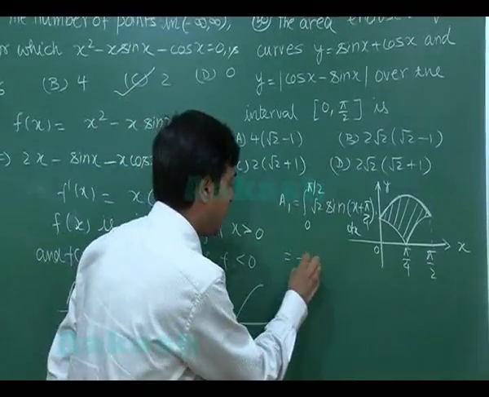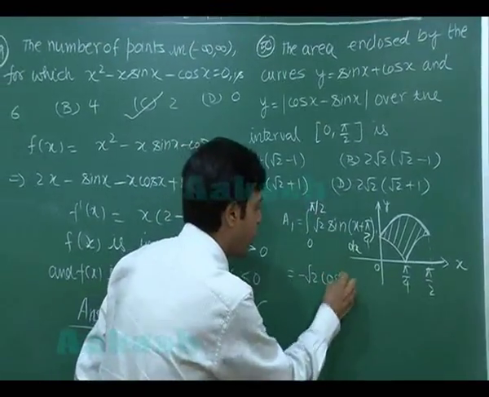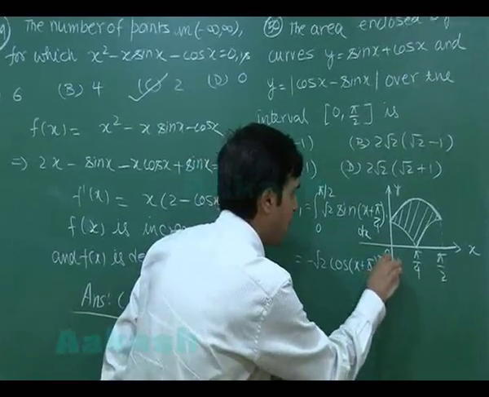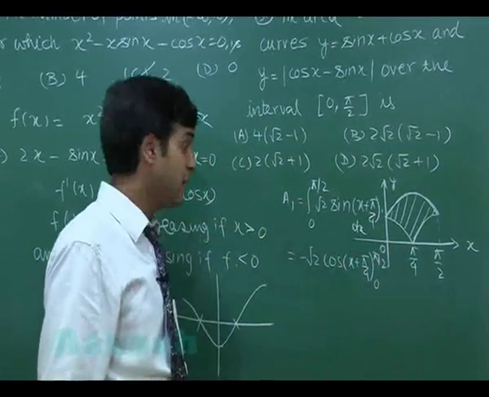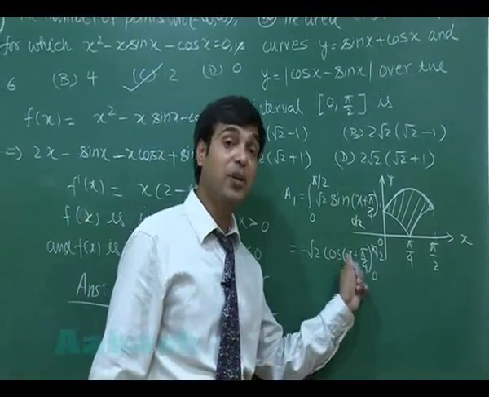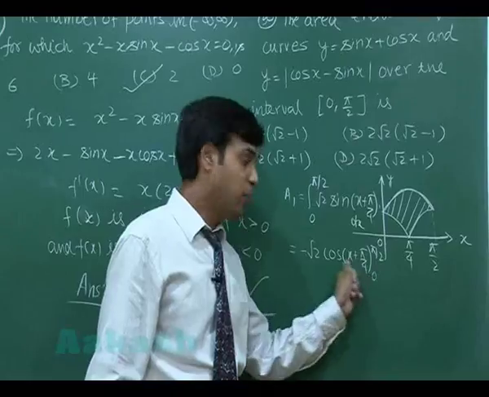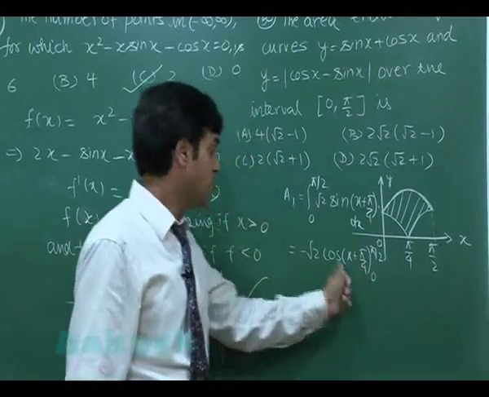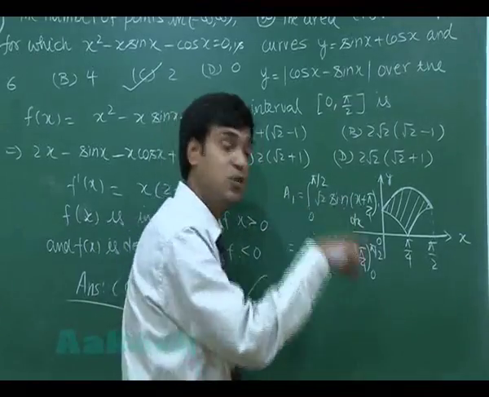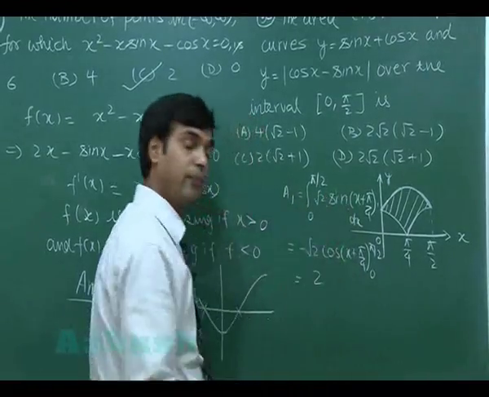That will give you simply minus root 2 cos of x plus pi by 4 from 0 to pi by 2. When you put pi by 2, it becomes simply cos 3 pi by 4, that is minus 1 by root 2. When you put 0, it is 1 by root 2. So it simply becomes minus root 2 multiplied with minus 2 by root 2, or 2.